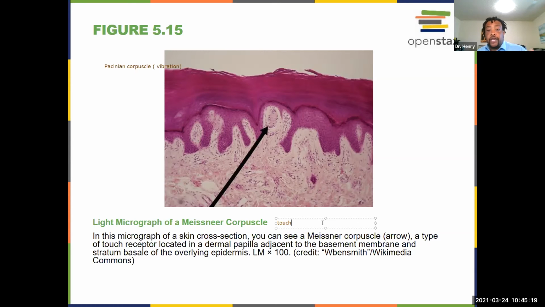So we know that the skin has three major roles: protection, sensory, and thermal regulation. Each of those has different functions. Touch is the sensory component, and these receptors are responsible for that.